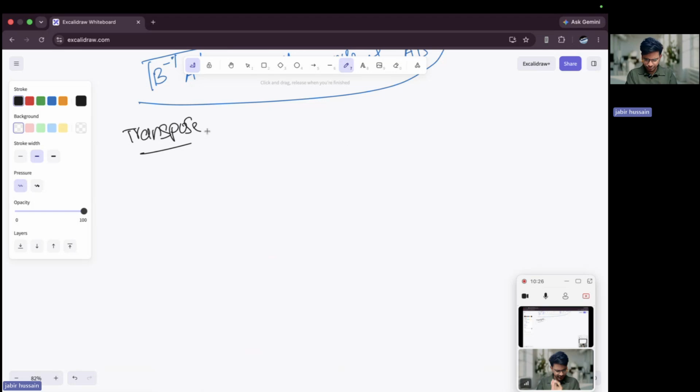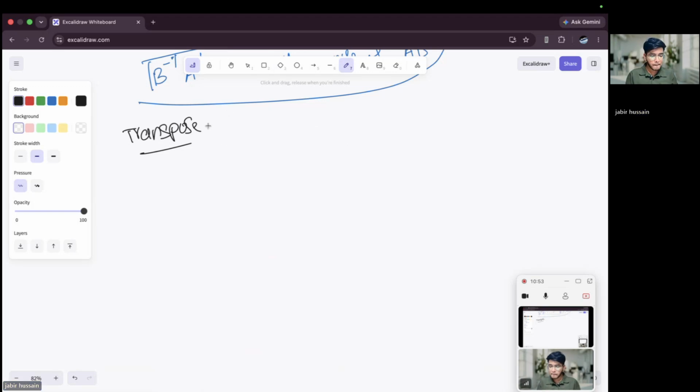We'll see different properties of transposes, and when we talk about transpose, we will talk about one important concept, which is symmetric matrices, which is really important in machine learning and applied mathematics. But let's have a very nuanced understanding of what is the meaning of transpose, right?